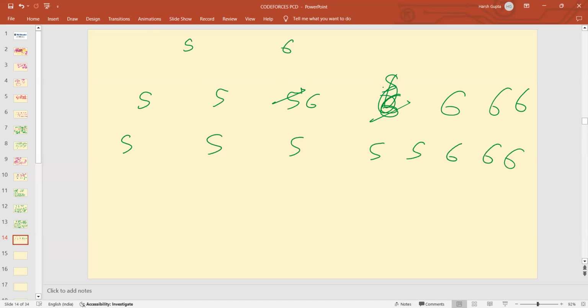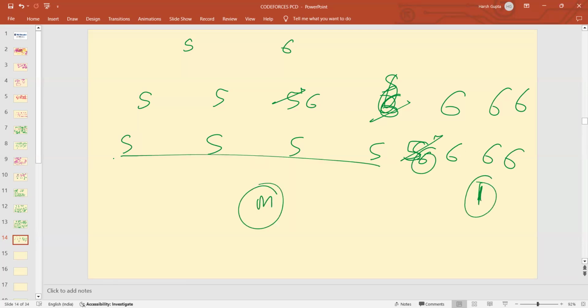So this case got eliminated, that is replacing 6 with 5. Now the only thing was I can replace 5 with 6. And I handled it, because I know once I replace 5 with 6, I will get an increment of 1. I have m cost. So I know how many 5s I can replace, and so on. Isn't it? So this is how you can solve this question.